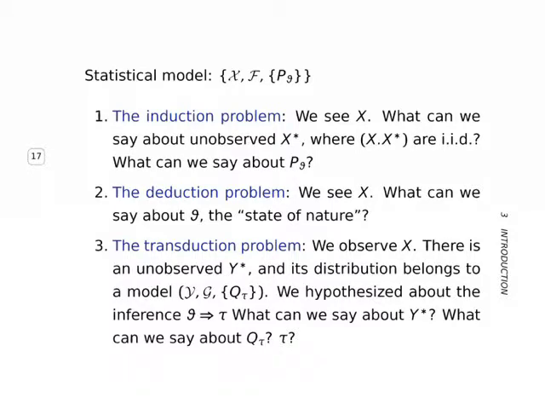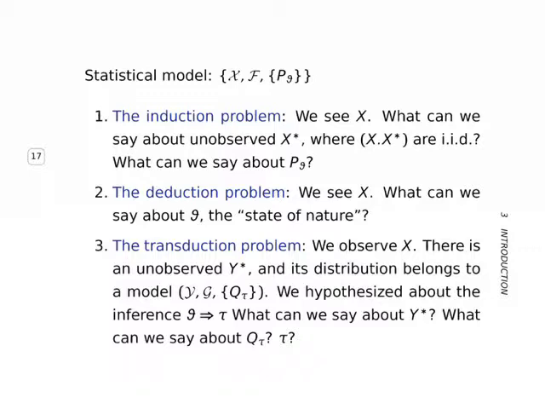Statistical model, we said, is the triplet X, F, P theta, and I can ask three types of questions when I do statistics, at least as much as I understand it. What I call induction is: we see X, what can we say about unobserved X star, where X, X star are IID? What can we say about P theta?